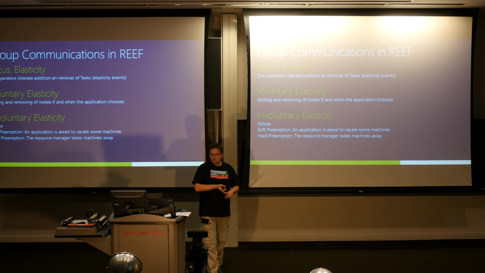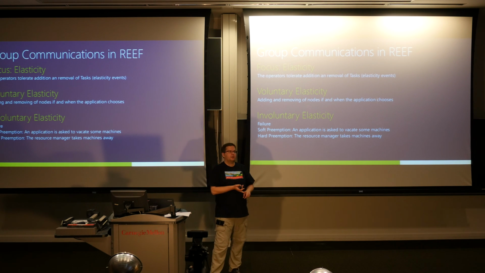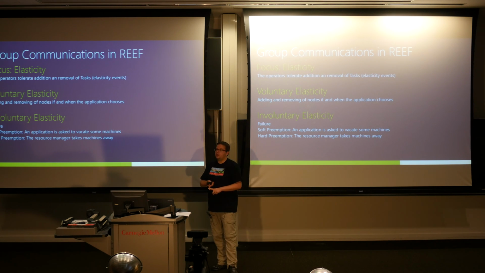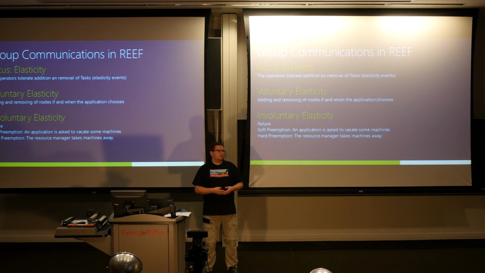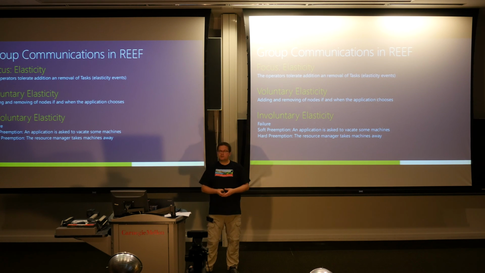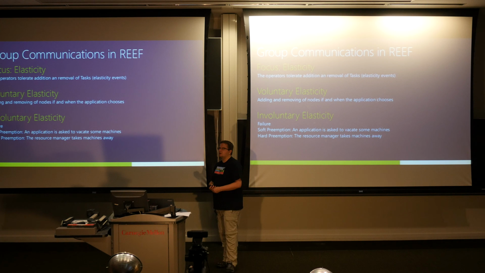The other cases where involuntary elasticity comes up are soft and hard preemption. Preemption might happen when you are running on a cluster, you are entitled to, let's say, 100 containers on that cluster, but the cluster management system sees when you submit that the cluster is empty, so it gives you 500. And you say, okay, I'm going to run on 500 containers.